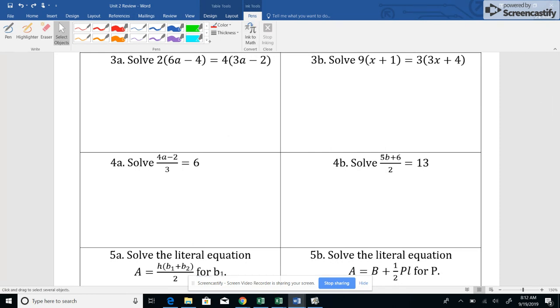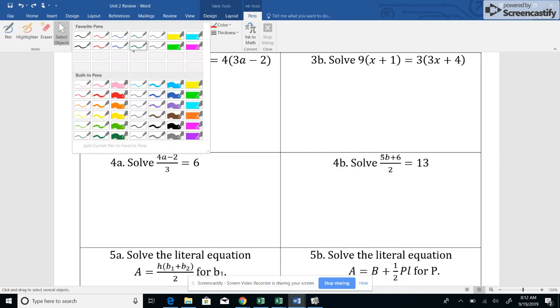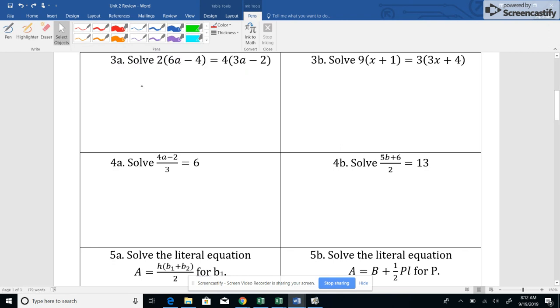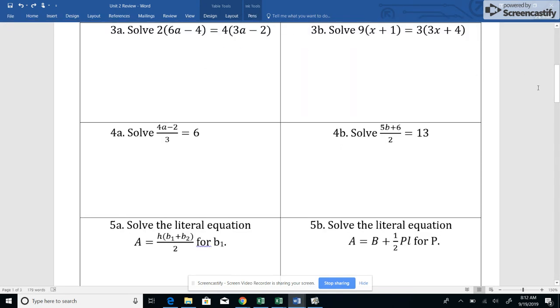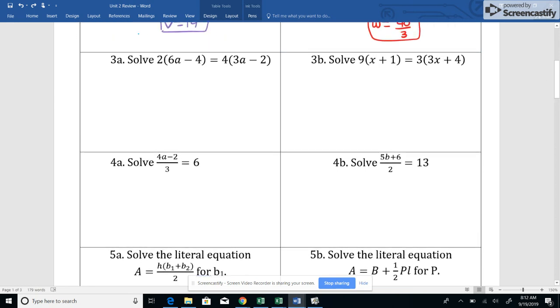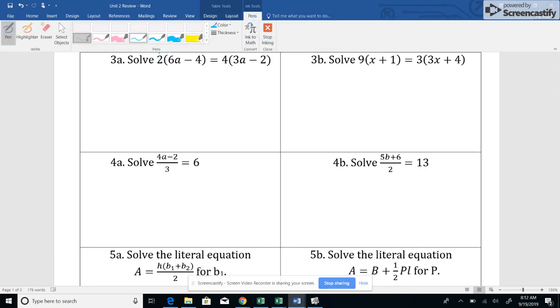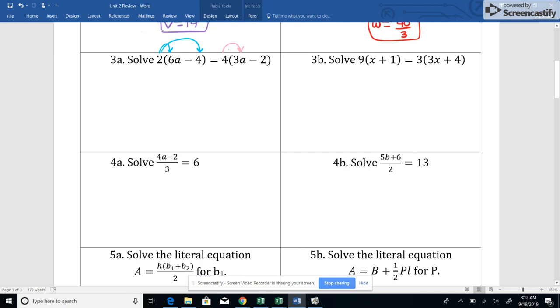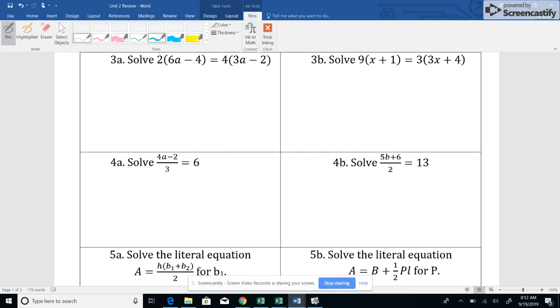Okay, 3a. Again, we see distributive property, but we have variables on both sides of the equation. So I'm going to start by distributing. And then I'm also going to distribute on this side, or the equal side, to both terms that are inside of my parentheses.